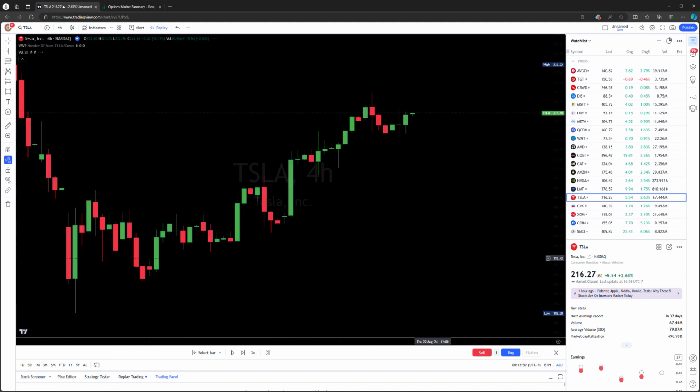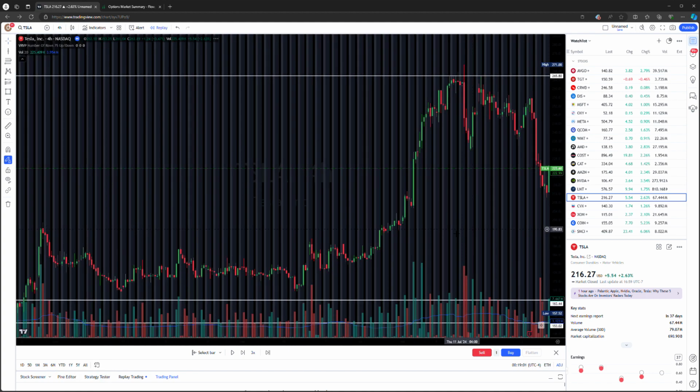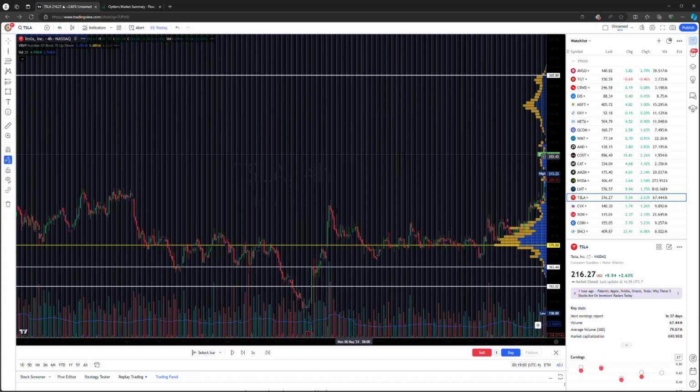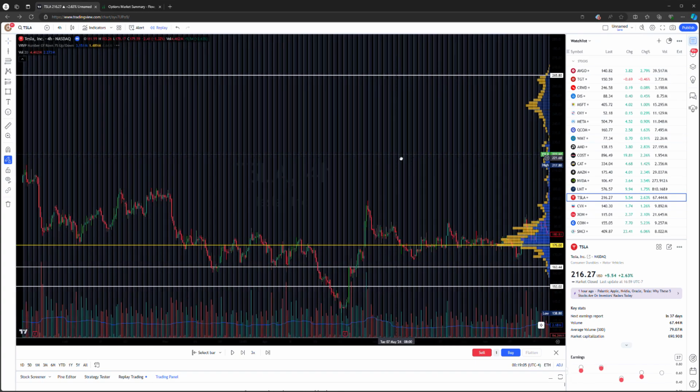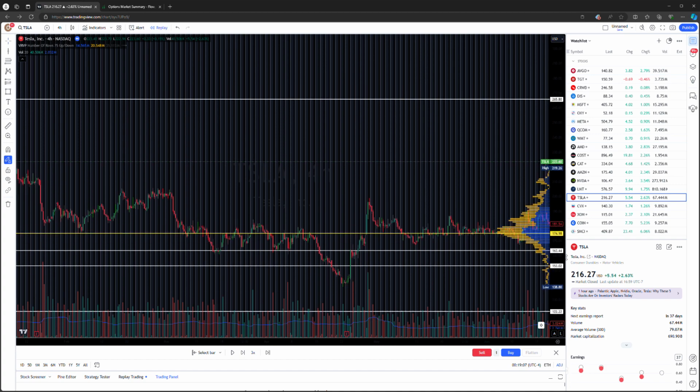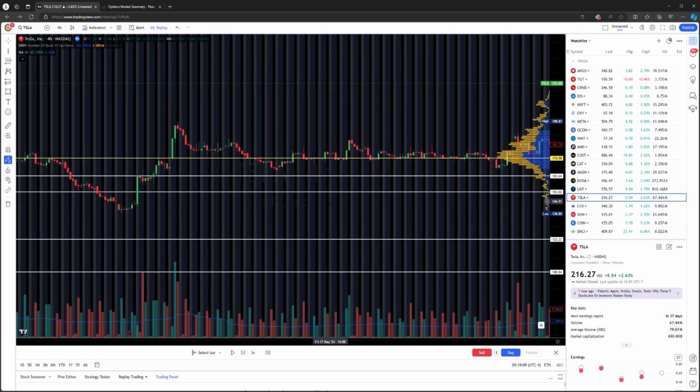Okay, let's go to the 4-hour. So they added and protected that position, right? Okay. Big move that occurred. So, rally, base, rally, right?